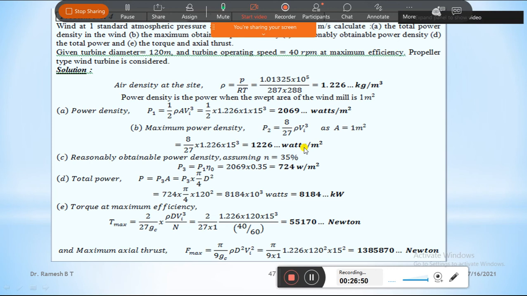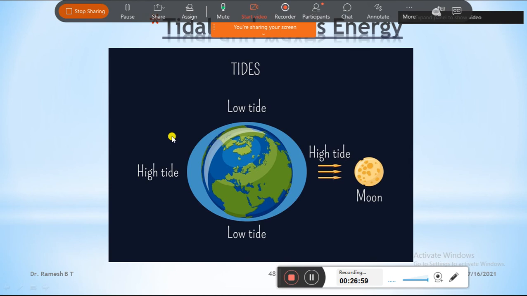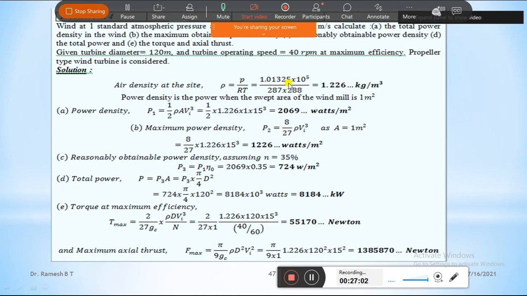The problem states wind at 1 standard atmospheric pressure, whose value is 1.0132 bar, and the given velocity is 15 meter per second. Calculate the total power density, the maximum power obtained, the actual reasonable power obtained, and the total power as well as torque.